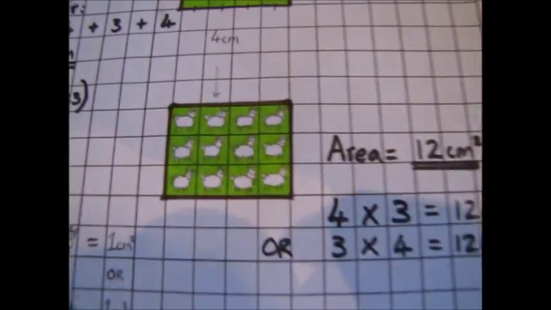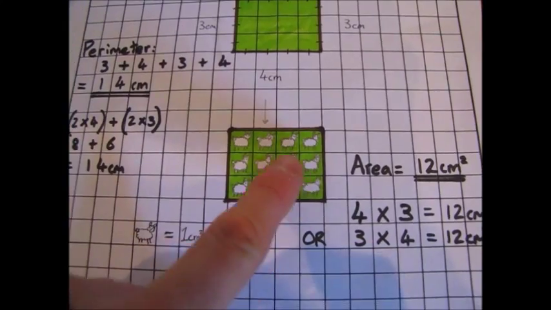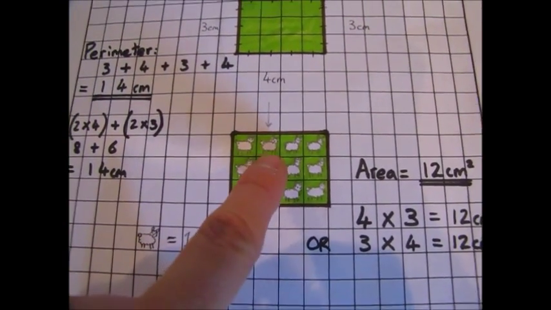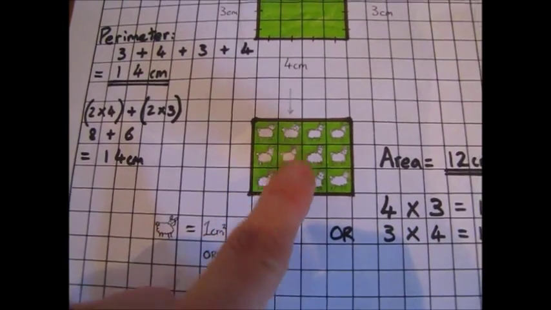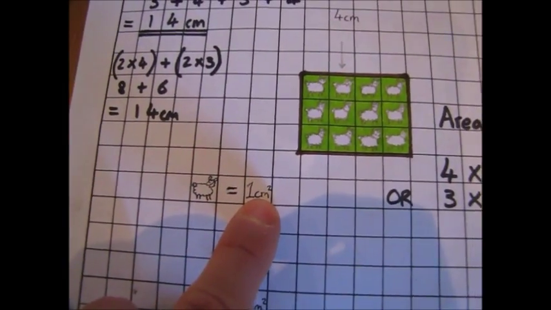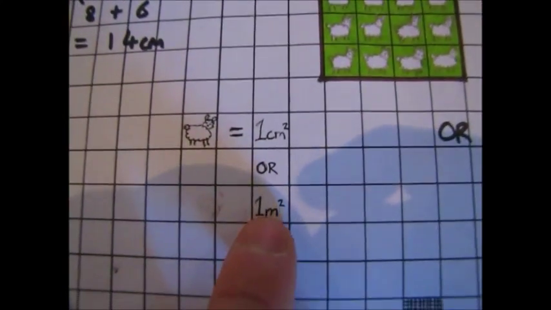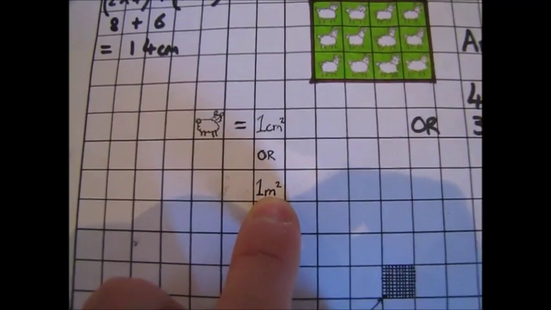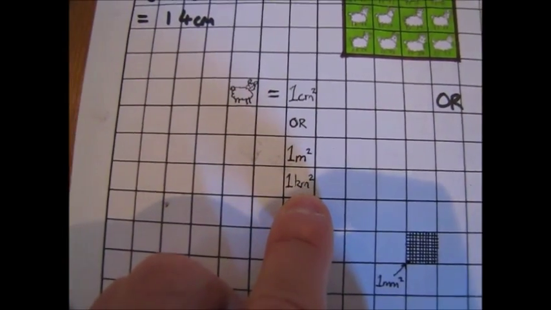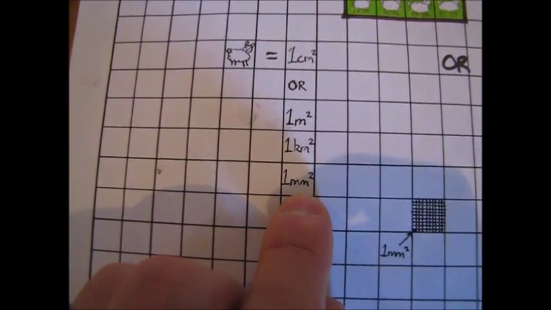So to work out the area of a rectangle is basically just to find out how much space it occupies in that rectangle. So here I've got some sheep to help me. So I've got 1 sheep equals 1 centimeter square on my paper here, but you could be measuring area in meters square if it's a garden, for instance, or a field, kilometers square if you want to work out the area of a city, and then I've got millimeters squared.